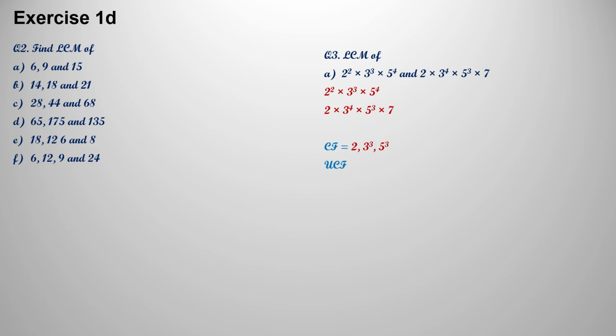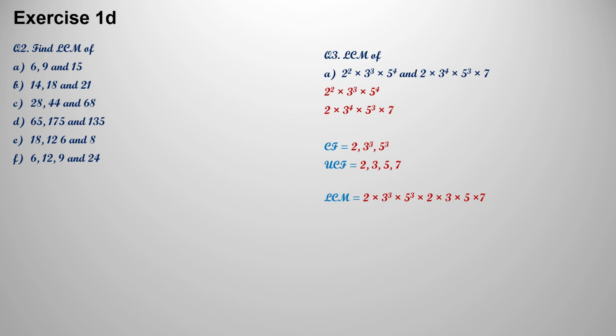Now what's left? We have 2, 3, 5 and 7. For LCM, again you multiply the common factors with the uncommon factors. 2 into 3 cube into 5 cube, those are common factors, and then you write down the uncommon factors, 2 into 3 into 5 into 7.